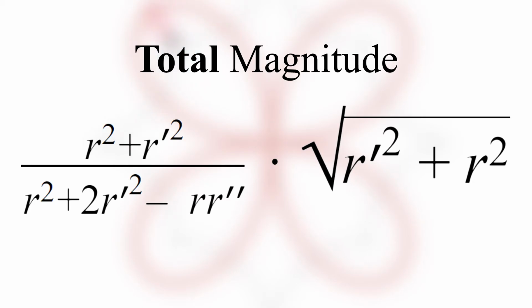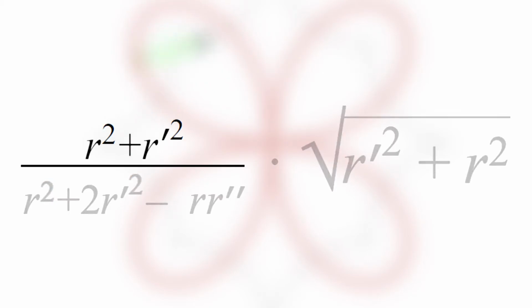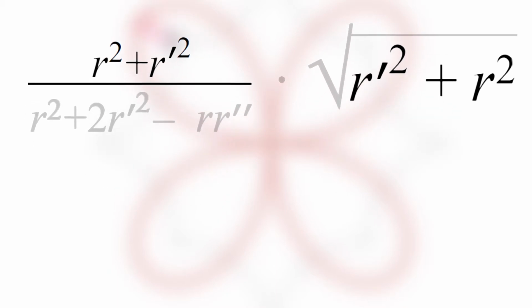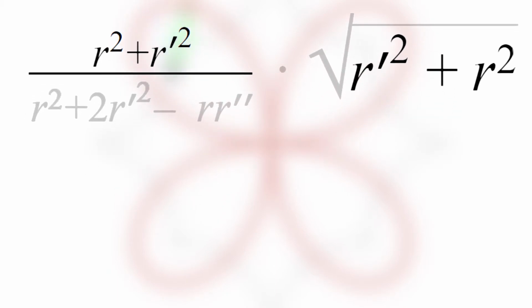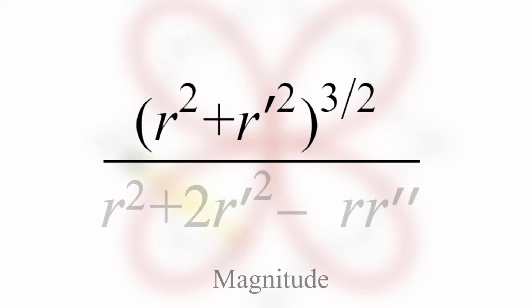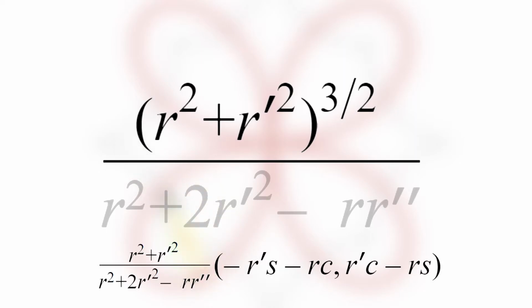total magnitude. Surprisingly, the big factor's numerator and the square root both have r prime squared plus r squared in them. So basically, the numerator compresses to (r prime squared plus r squared) to the power of 3/2. And this is the magnitude of the second vector term.